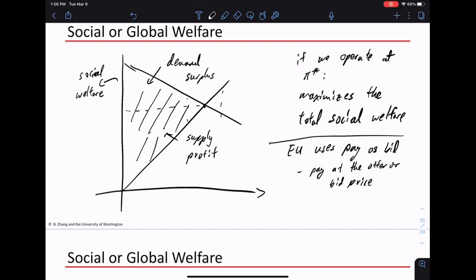Okay, so I will stop here today. Next class we will put storage and wind into this picture and look at what happens in terms of system prices, and see whether you can make money as a storage, or as a wind turbine.